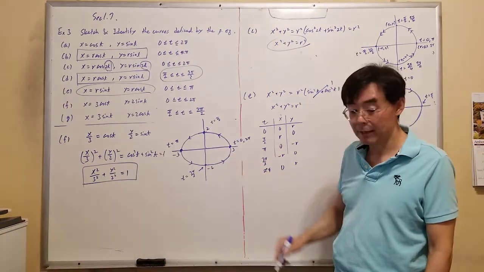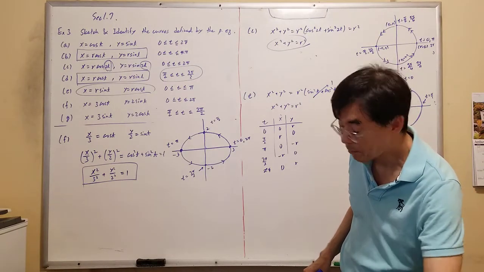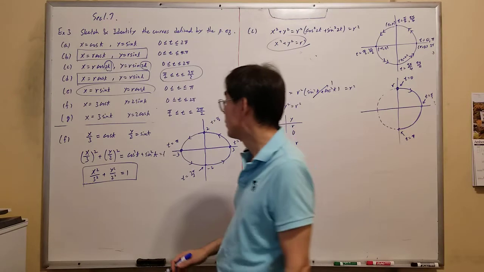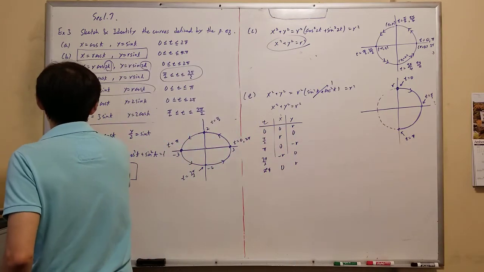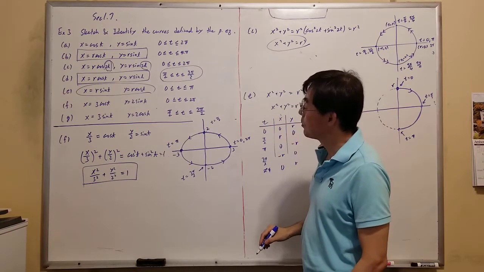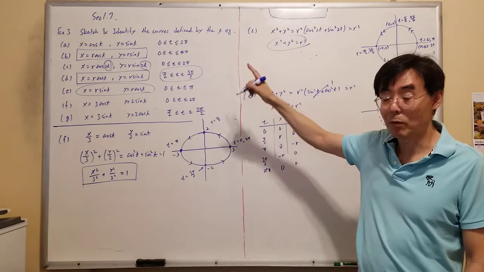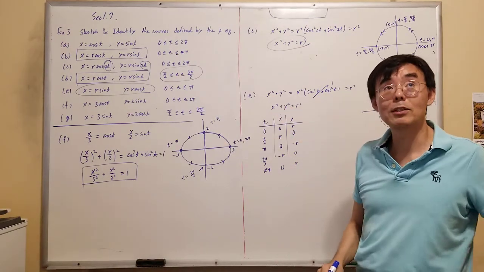Zero to 2 pi. All right, this is an ellipse. Plus minus 3 over x, plus minus 2 over y, and counterclockwise turning.